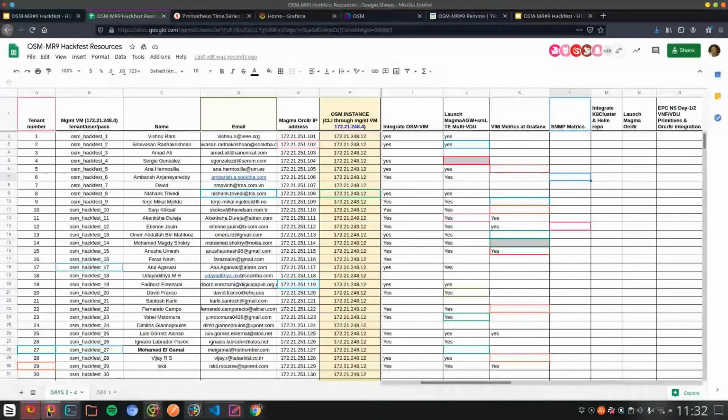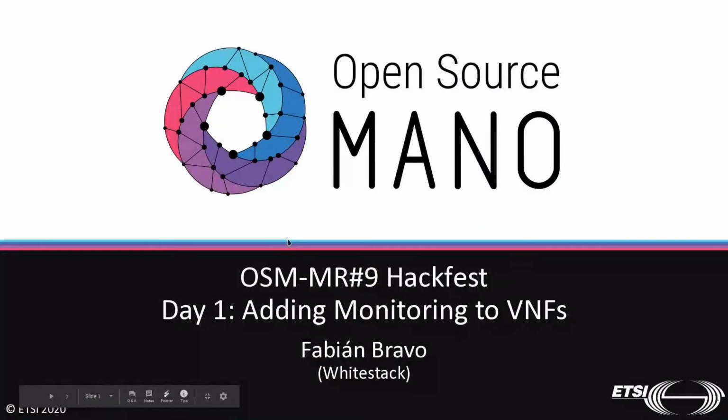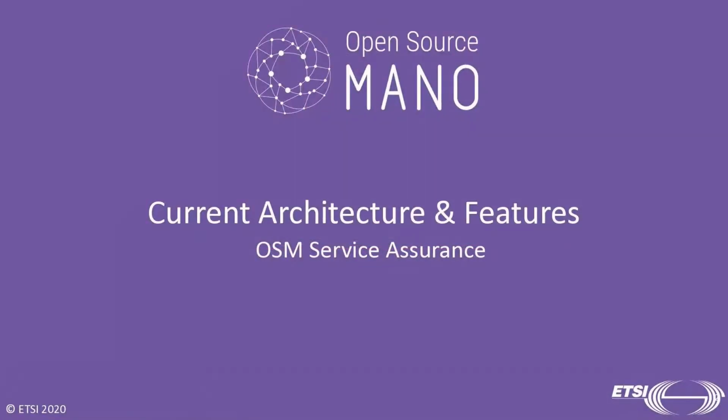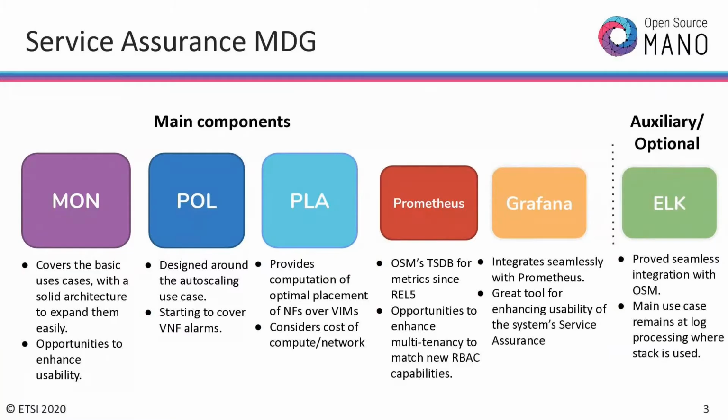So anyway, let's go ahead. What is the current state of the architecture and features we are offering to monitor metrics? We have a few main components. The first one is MON, that covers the basic use cases with a solid architecture to expand them easily.